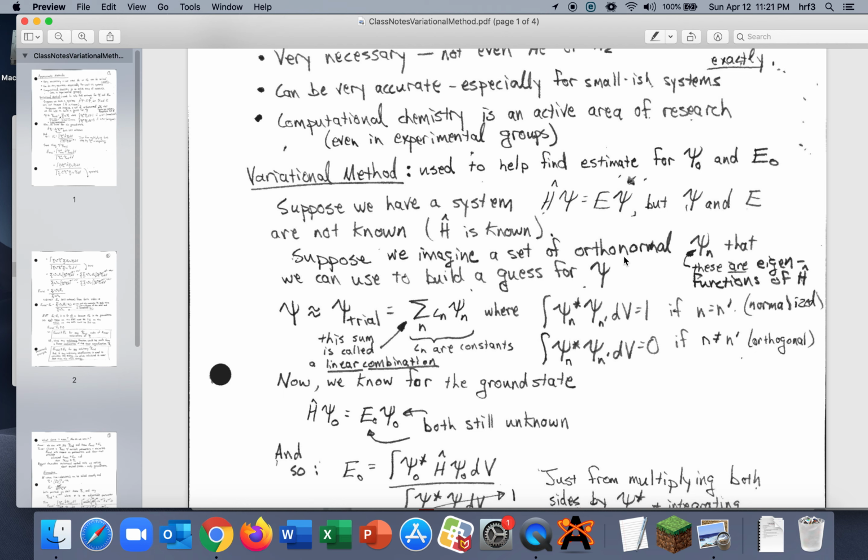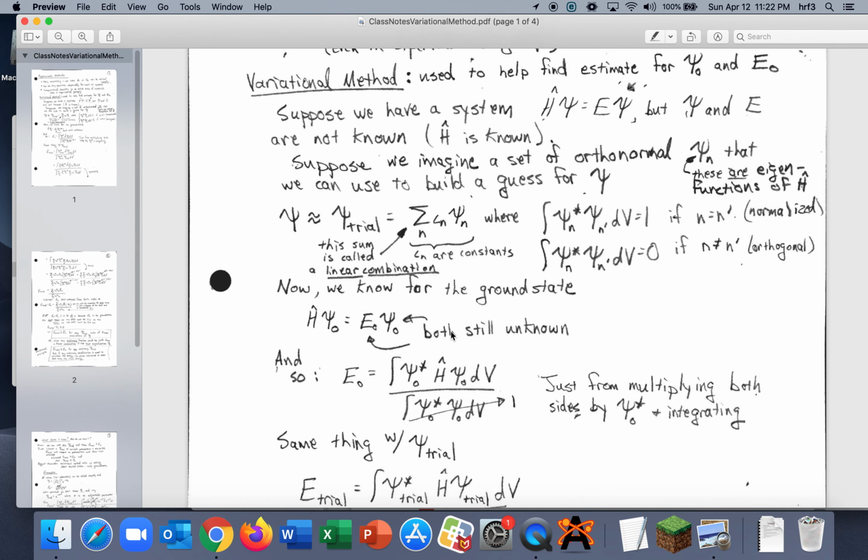But we know that they're orthonormal, so in other words, if you integrate psi star n, psi n prime, if n and n prime are the same integer, then these two are the same and you get 1 because it's normalized. But if they're not the same, you get 0 because it's orthogonal. Okay. So this kind of sum is just called a linear combination in math speak.